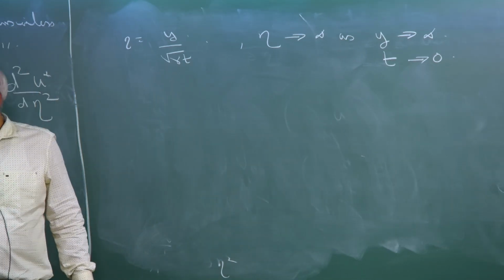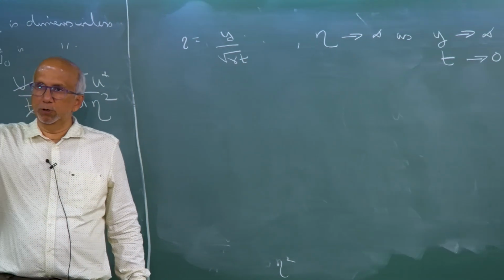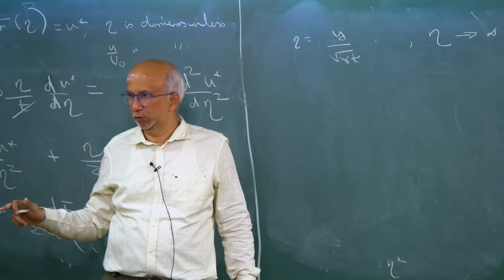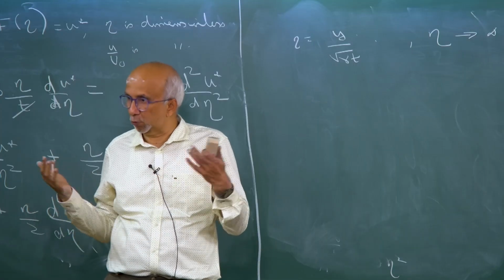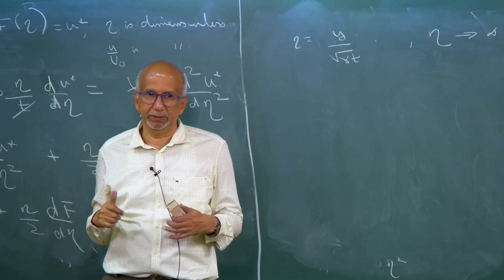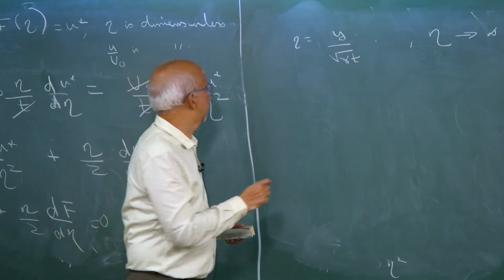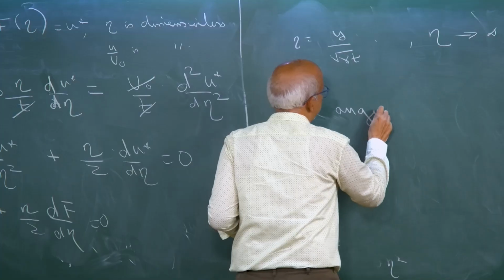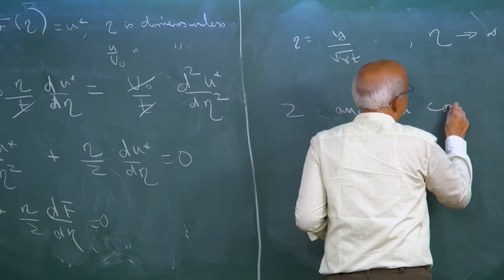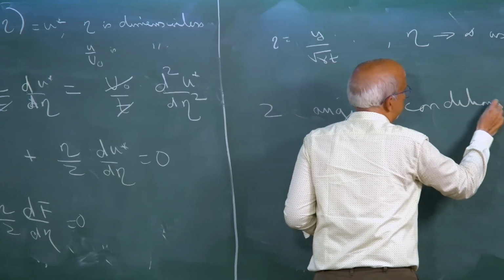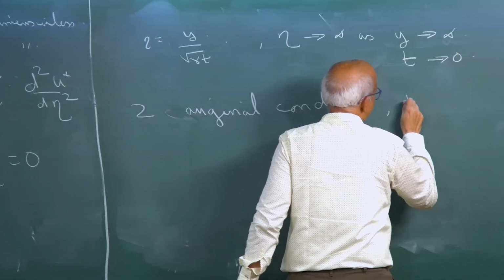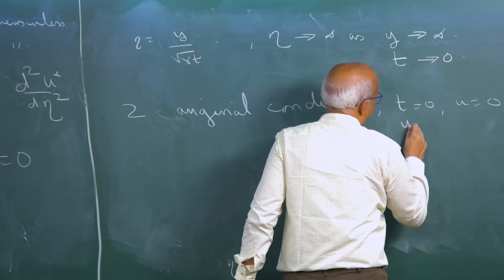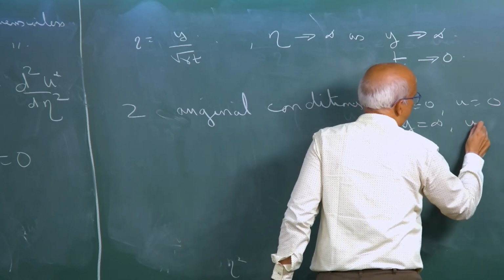So, my two boundary conditions were u equal to 0 at infinity and u equal to 0 at time t equal to 0. So, both those conditions are collapsing into eta equal to infinity. The two original conditions: at t equal to 0, u is 0, and at y equal to infinity, u is equal to 0.